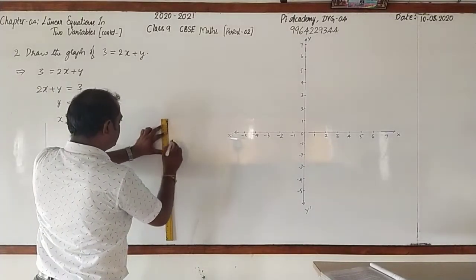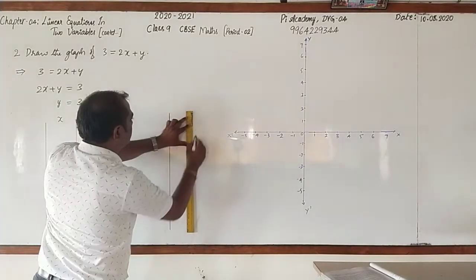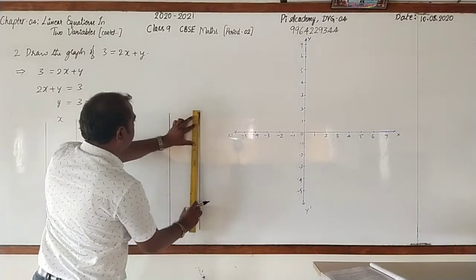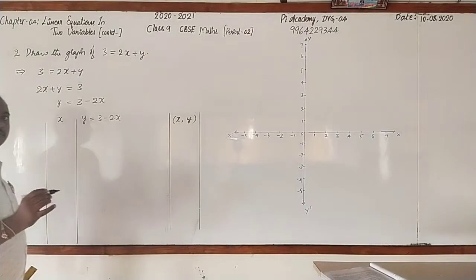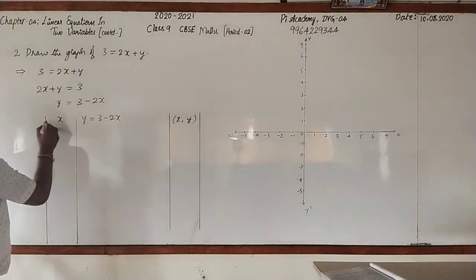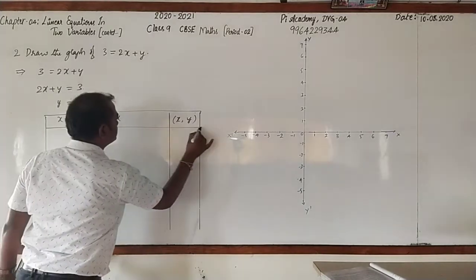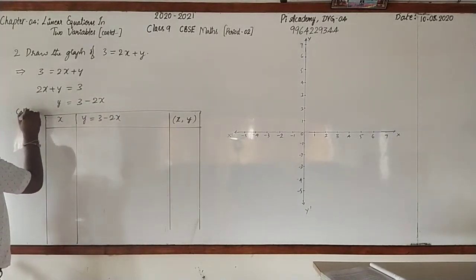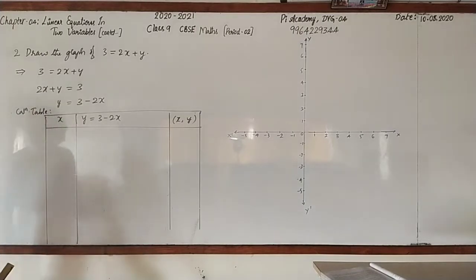Then leave a little bit more gap for calculation, and the third column is for coordinate points, that is x comma y. Clear? Yes. And complete this table. Again you have to use scale and pencil, and this is the calculation table. Now take the values for x.